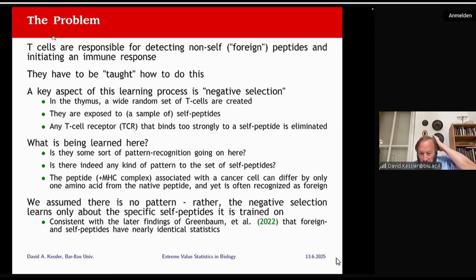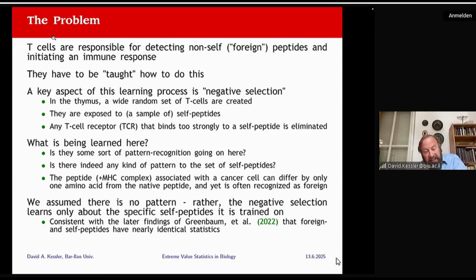And so when we started going about this, what we assumed is that there is no pattern to learn. Rather, negative selection just learns about the self-peptides it's trained on. Whatever self-peptides it sees, it recognizes them and just assumes that everything else is foreign.